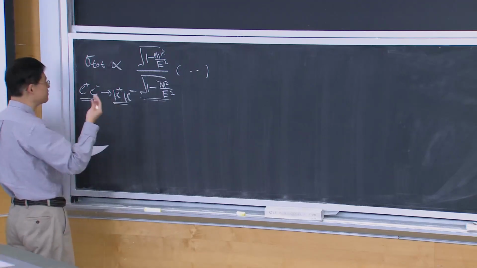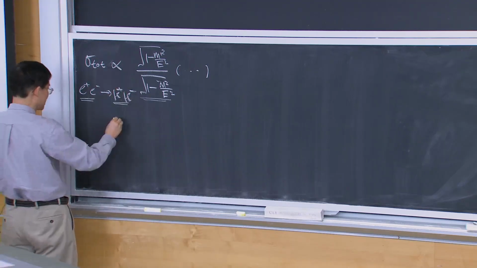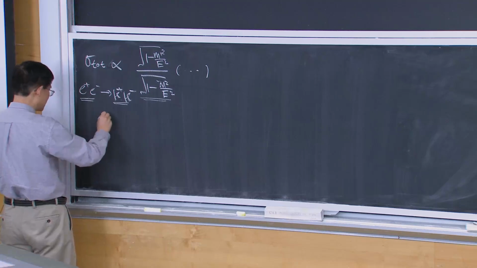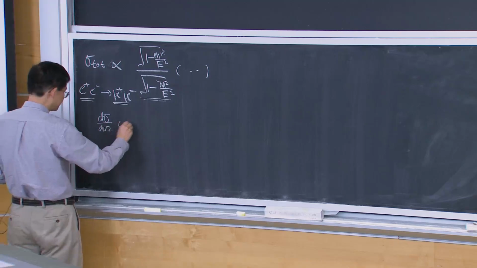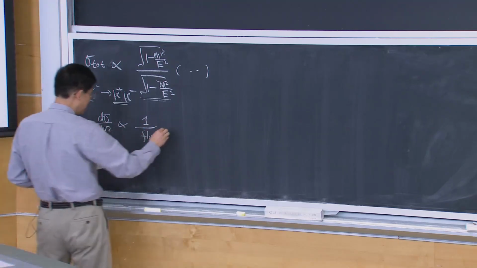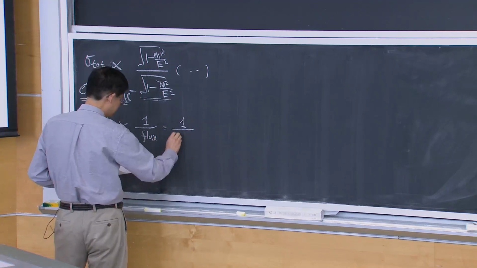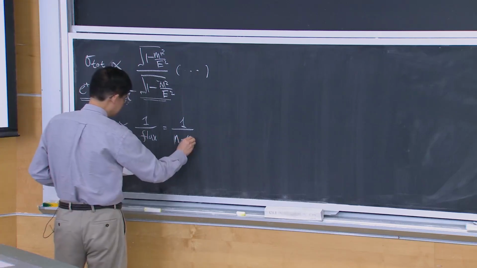There's a very simple mathematical reason for this. Remember, the cross-section is defined to be the event rate divided by the flux, and the flux is proportional to the density times the velocity.